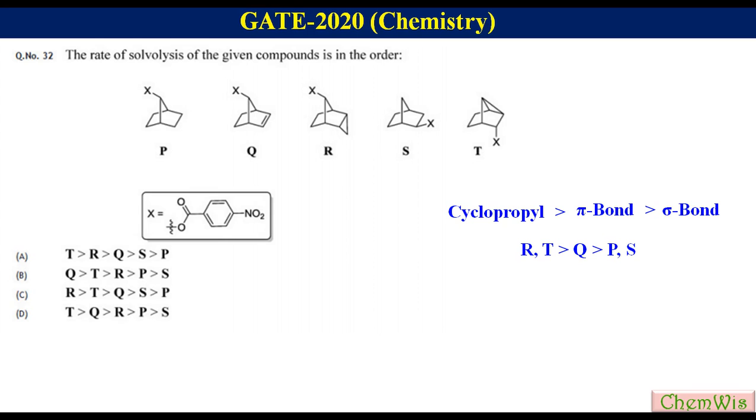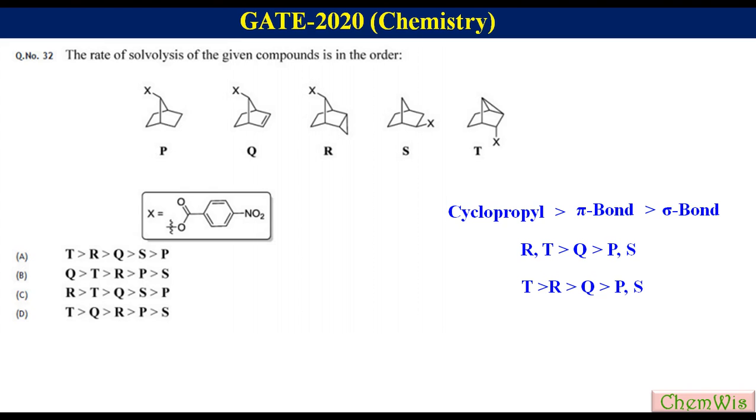In T, the cyclopropyl is nearer to the reaction center than R, so T has a higher rate than R, then Q, and then P and S.